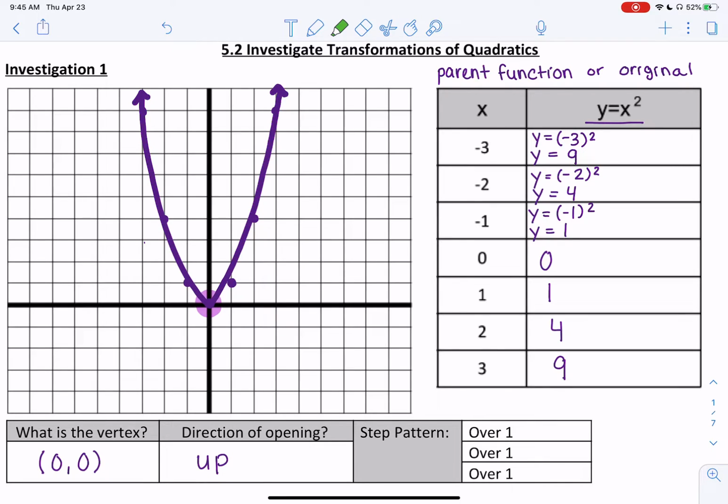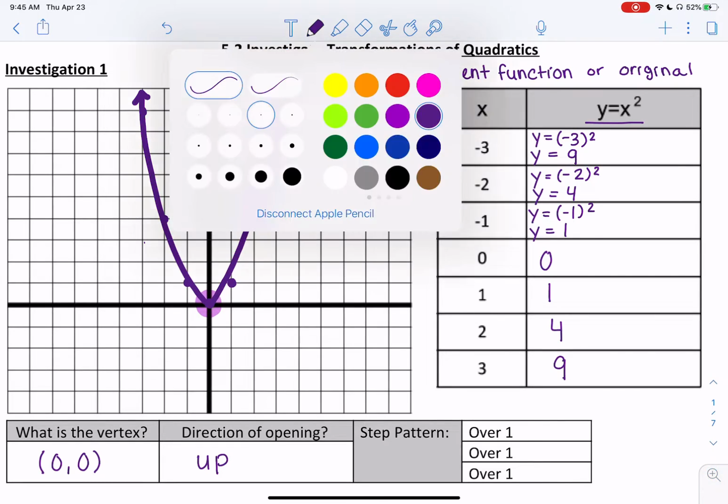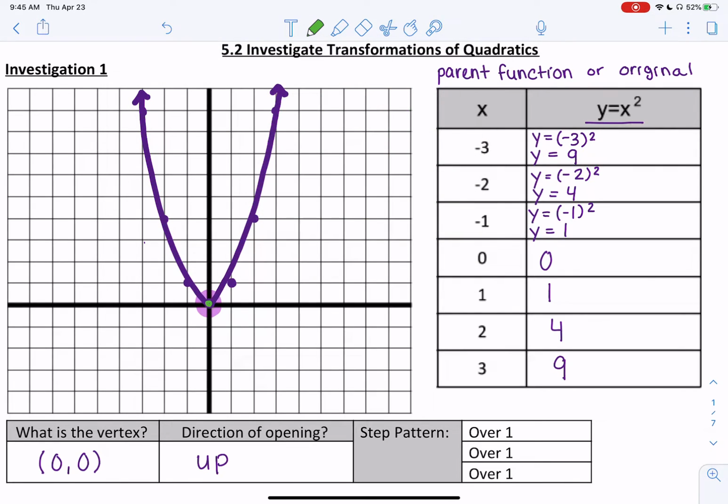In order to find our step pattern, you're going to take your pencil and put it right onto your vertex. Then from your vertex, you're going to go right 1, and it's always 1 to the right. Then you're going to take your pencil and go up until you hit your graph again. In this case, I went over 1 and then I went up 1. So for my step pattern, I go over 1, up 1.